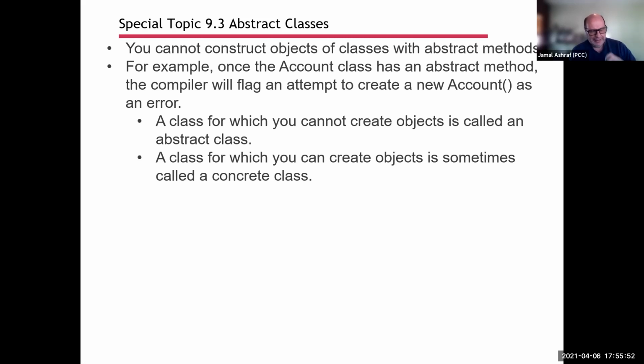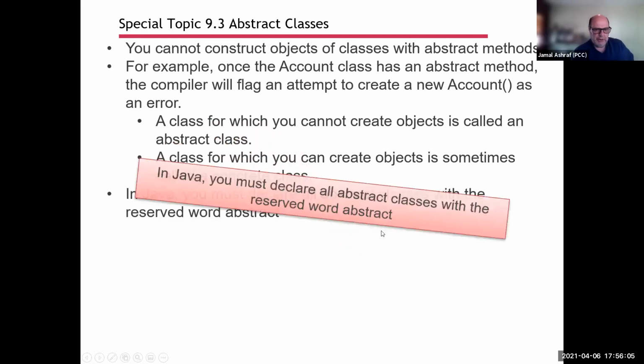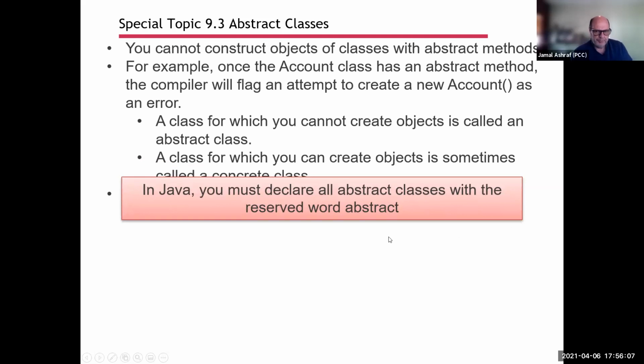Now you cannot have an abstract method in a regular class. You have to have an abstract method in an abstract class. So you need to have an abstract class to put your abstract method in it. So in Java, you must declare all abstract classes with the reserved word abstract. So we're going to have an abstract class that's going to have abstract methods.